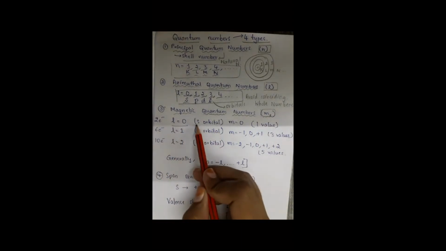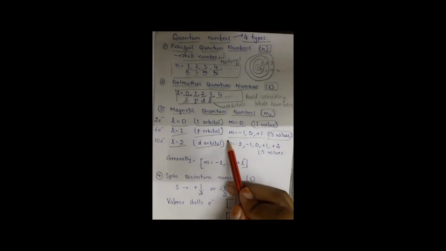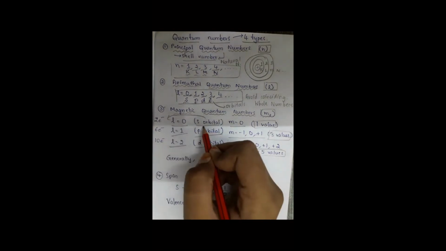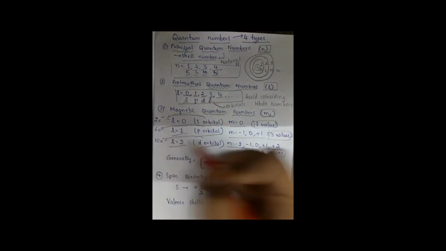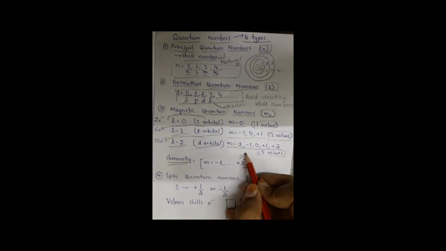Let's see it here. l is equal to 0, s orbital, m is equal to 0 and it has one value. l is equal to 1, p orbital, m is equal to -1, 0 or +1 and it has three values. l is equal to 2, d orbital, m is equal to -2, -1, 0, +1 and +2 and it has five values. Generally speaking, the value of the magnetic quantum number is -l up till +l.